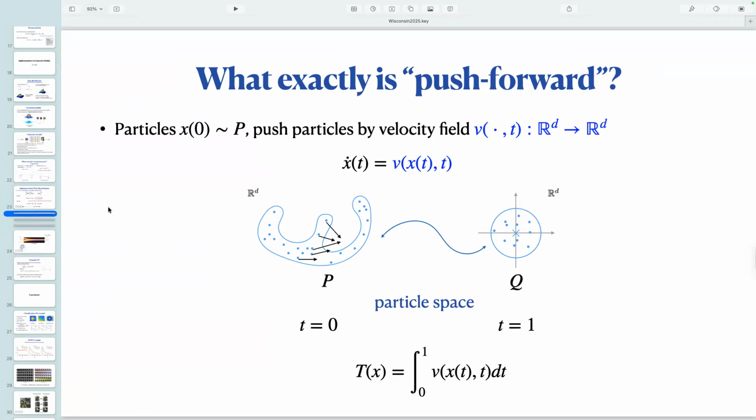Trying to follow the two slides, I would expect that T of X should be the integral from 0 to 1 of V of X, T dT. Oh, you're talking about the beginning part, right? Maybe it is redundant. Yeah, it should be X0 plus the displacement, to be more precise. Yeah, fine. Thank you.